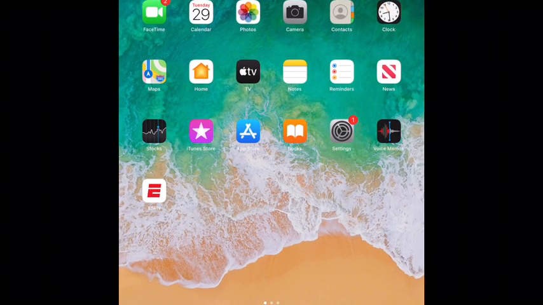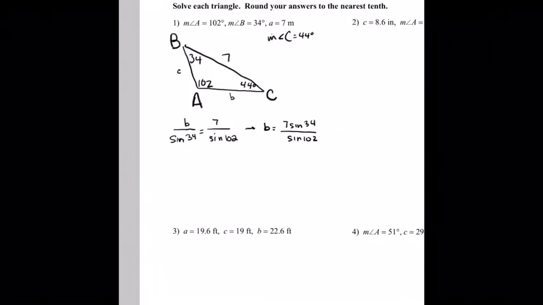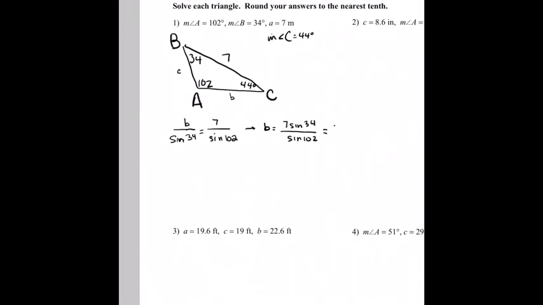And that's pretty close to 4. So the measure of side B is 4 meters.